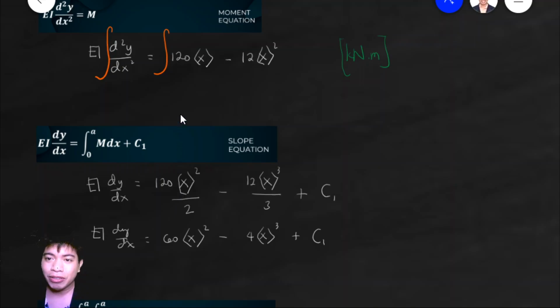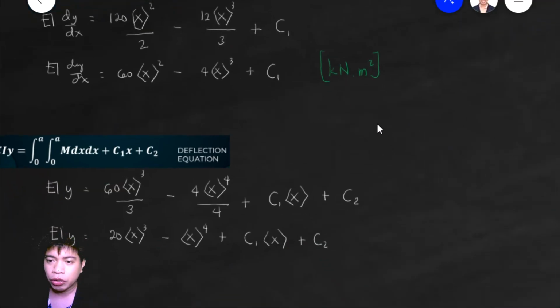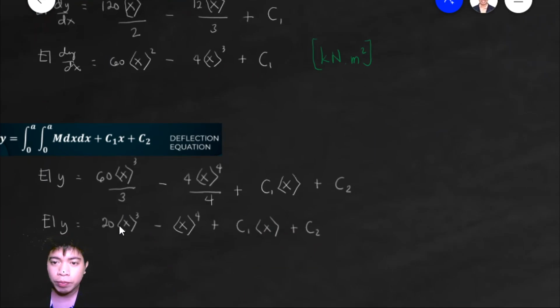So this becomes kilonewton, force, times distance squared, since x is squared. So the unit here is kilonewton meter squared. Likewise in the deflection equation, x is now cubed, so the unit will be kilonewton cubic meter. So this is the unit for the deflection equation. Okay? Just so we are clear on these.